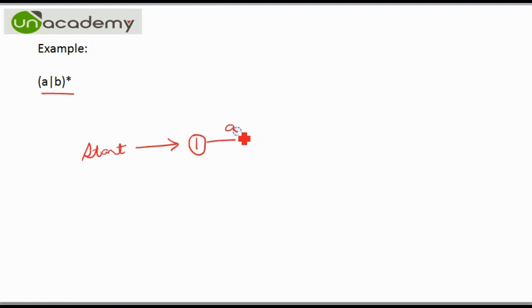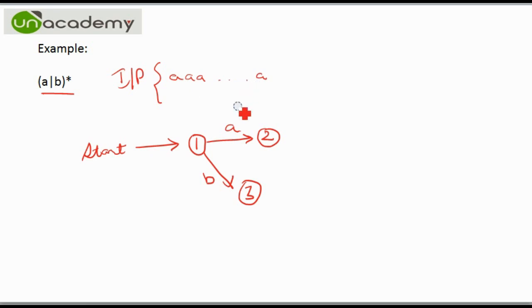It can be A or it can be B. So we can reach states 2 and 3. It might happen that A keeps on repeating. For example, if the input is something like this, then A keeps on repeating and the machine will remain at state 2.